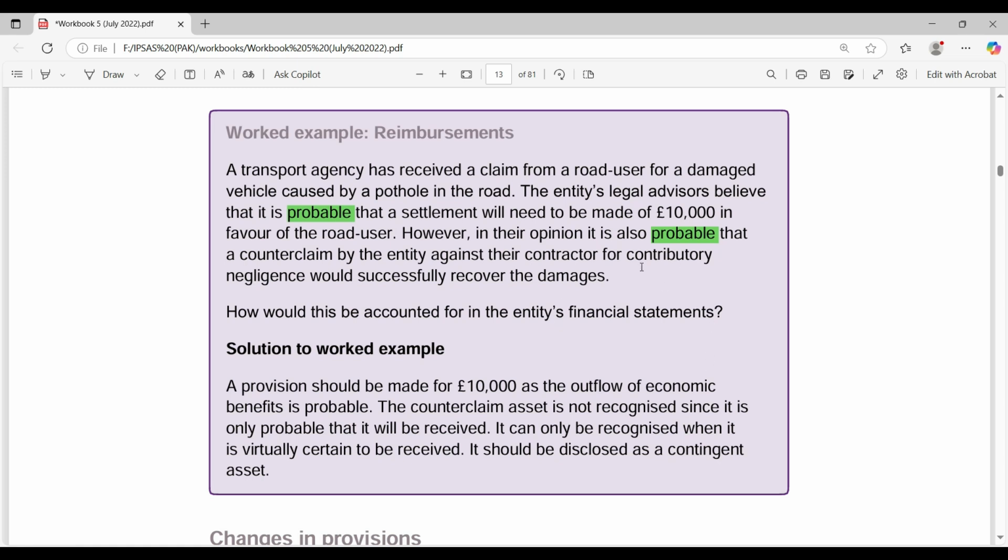But if the court decides in your favor, then you recognize reimbursement in your financial statements. When this is only probable, it should be disclosed as a contingent asset, only a contingent asset.